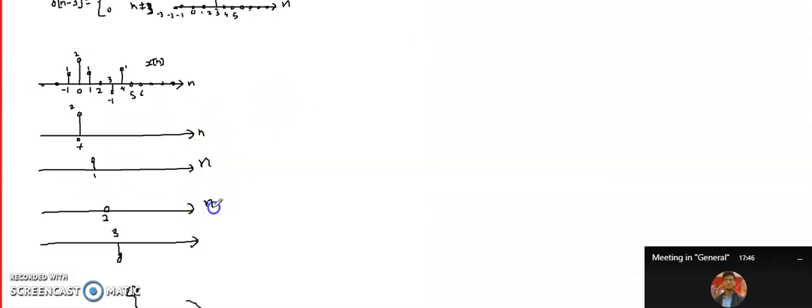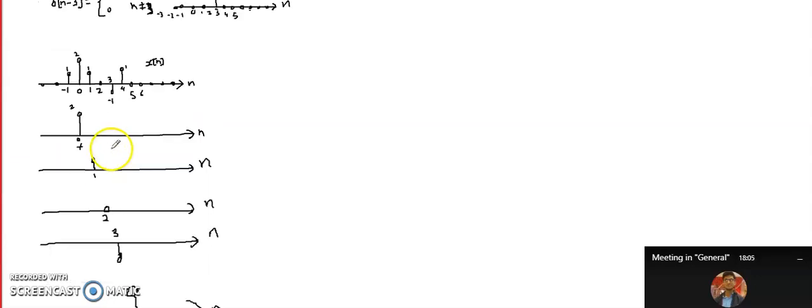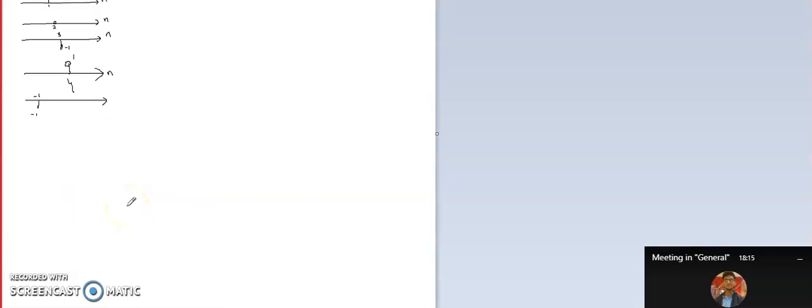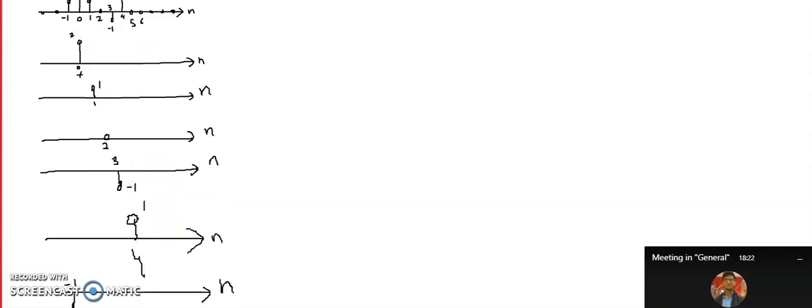The value of n, on the -1 side, the value is -1. Okay. So at 1 the value is 1, at 2 it is 0, at 3 it is -1, at 4 it is 1, and at -1 it is -1, like this. So it means I can write this signal as 2 times delta n, because what is delta n?